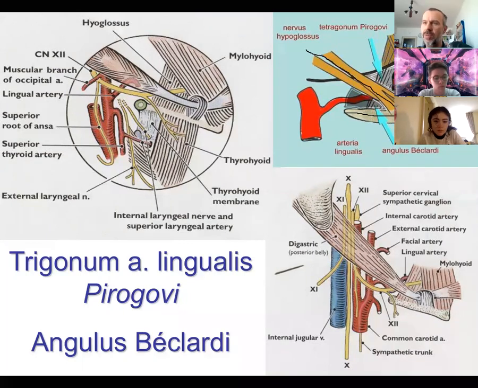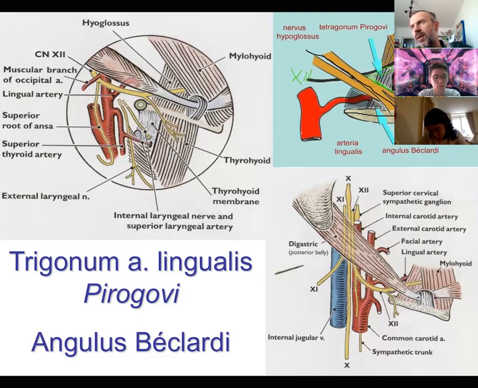And then it continues further, and with a different color we can show another angle, and it's not only an angle, it's a triangle, the triangle of the lingual artery. The triangle of the lingual artery is bordered by the hypoglossal nerve, which is here. Then it's bordered by the posterior belly of the digastric, and it is usually bordered by the mylohyoid.